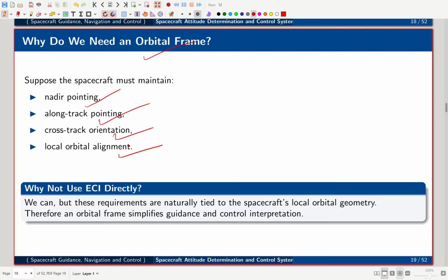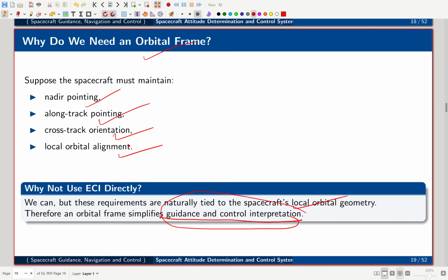So why not use ECI directly? We can, but these requirements are naturally tied to the spacecraft's local orbital geometry. That's why we go for the orbital frame. Therefore, the orbital frame simplifies guidance and control interpretation. This is a very important point.